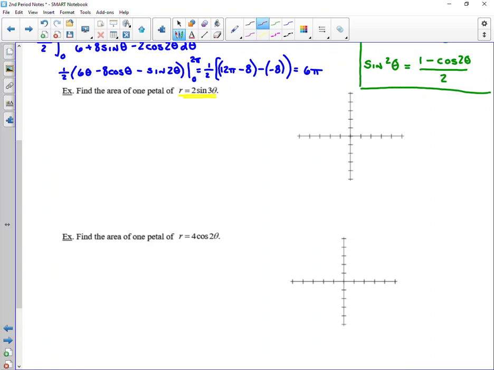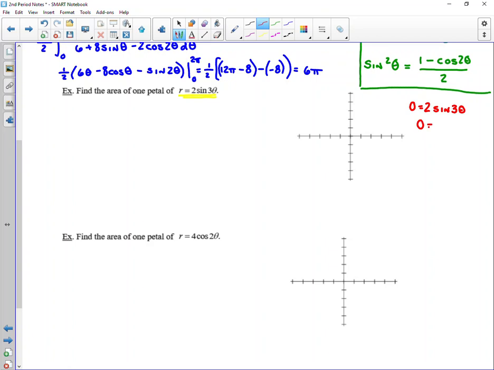Well, we know that a petal will begin and end at the origin, right? So if we set this equal to 0, then we should be able to figure out the beginning and the end of our petal. So we'll divide by 2.